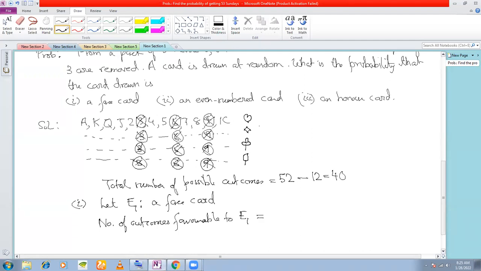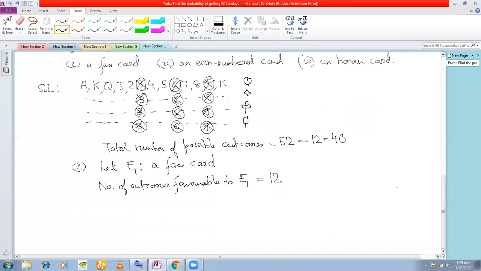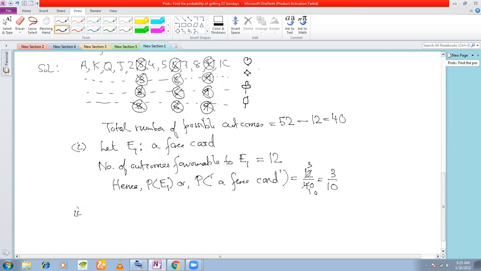All the face cards are available, so 12. Hence, P(E1), or the probability of a face card, is 12 by 40, which is 3 by 10. That answers the first question.